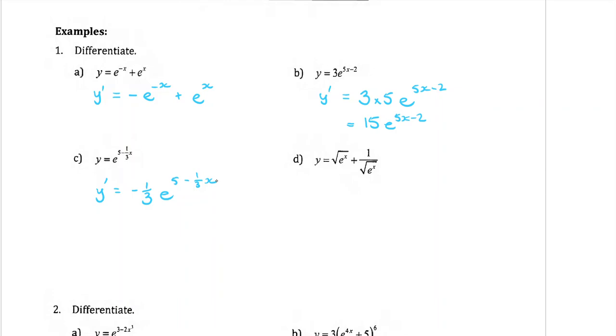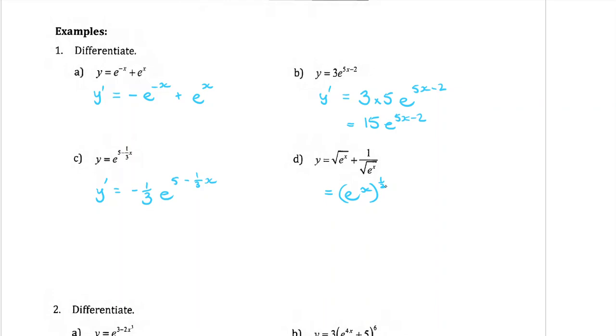That's it. Question D. Have a bit of a problem with the thirds in there. So I'm going to have to change that to be fractional powers before I can differentiate. So what do you think the square root of e to the x is? E to the power of? Yeah, so technically it's e to the power of x, which is all to the power of a half.